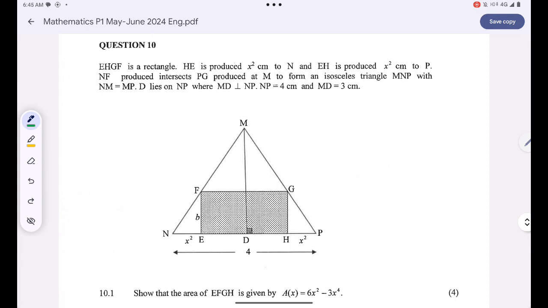Okay, EHGF is a rectangle, and then we are told that HE is produced x squared meters to N, and EH is produced x squared meters to P. Okay, and then we are told that NF produced intersects PG produced at M to form an isosceles triangle MNP. So this triangle is isosceles, right?